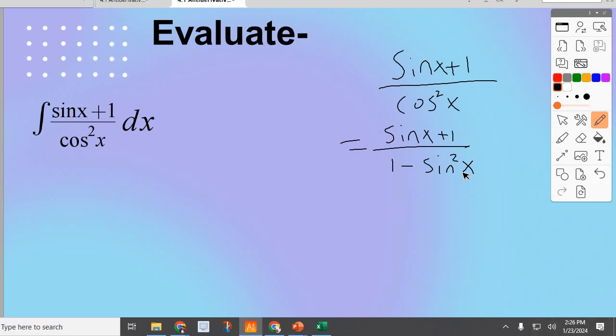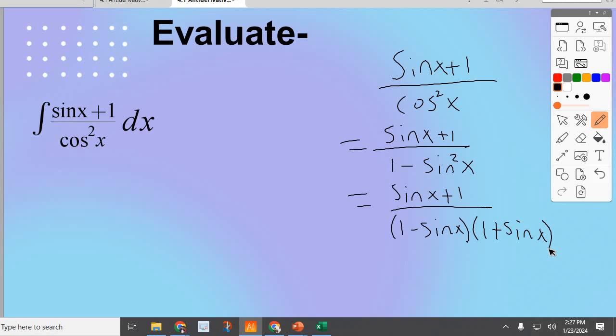Yeah, make it sine of x and sine of x. Not quite. So I want to factor it, yes? So notice I have a 1 and I have a sine squared. Both of those are perfect squares, so we can factor that using our difference of squares formula. So this would become 1 minus sine of x times 1 plus sine of x.